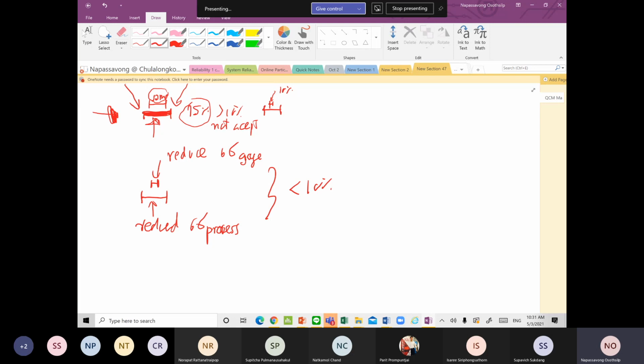So the answer will be very simple. What we have to do next is to reduce the variation of the measurement system to keep this ratio less than 10% again, right? And to reduce the variation of the measurement system, you can either reduce the variation regarding repeatability or reduce the variation regarding operators.